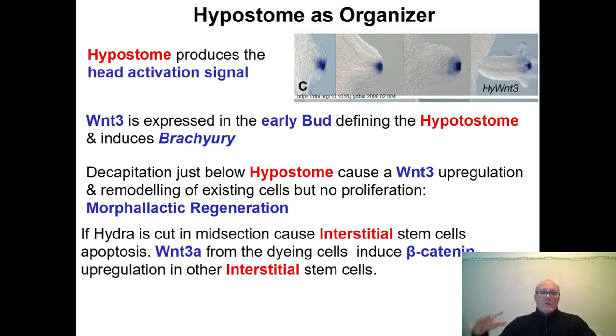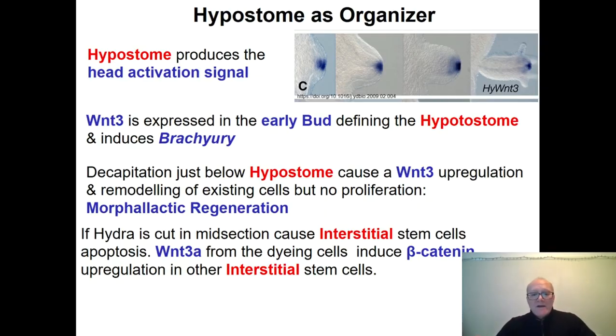What happens, however, when we amputate the Hydra in the middle of the body instead of near the hypostome? So if we amputate in the middle of the body, the interstitial stem cells that are around the wound start to die by apoptosis. However, before dying by apoptosis, they increase expression of Wnt3. And this increased expression of Wnt3 will induce an increased expression of beta-catenin in other interstitial stem cells that are around the wound.